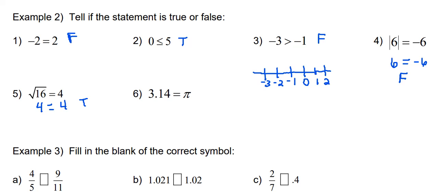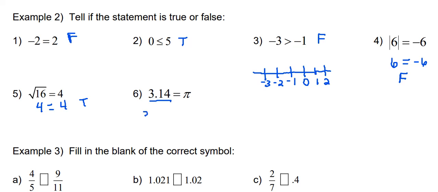Okay, for number 6, we have 3.14 equals pi. Is that true or false? This one's a little bit tricky. Remember when we defined pi, what kind of number did we say it was? We said that it was an irrational number. And remember, an irrational number doesn't stop and it doesn't repeat. Well, the way this is written, this stops, 3.14.